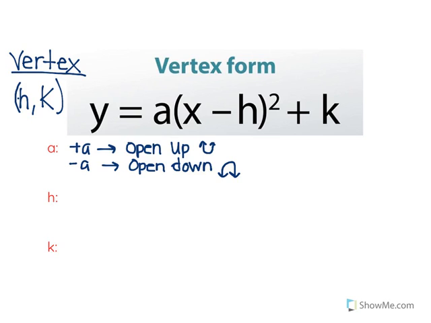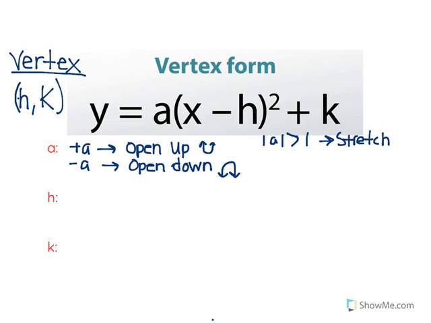Now, A also is our stretch and our compression factor. It's going to make our graph look really, really skinny, and it's also going to make our graph look really, really wide. So we always talk about the absolute value. If the absolute value of A is greater than 1, that means that our graph is going to be stretched.